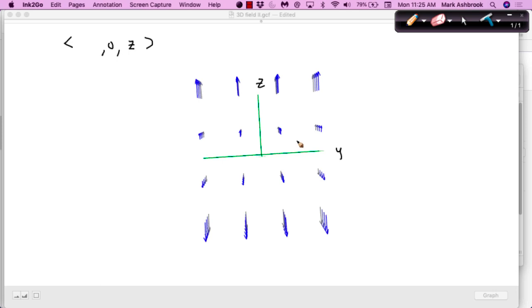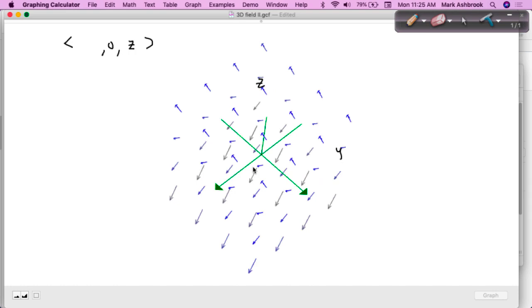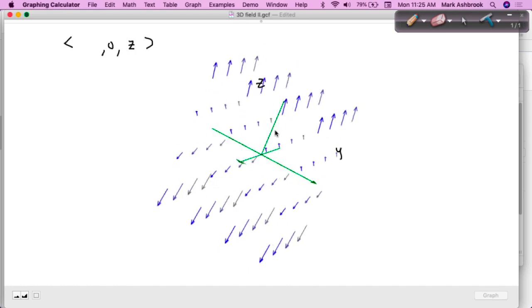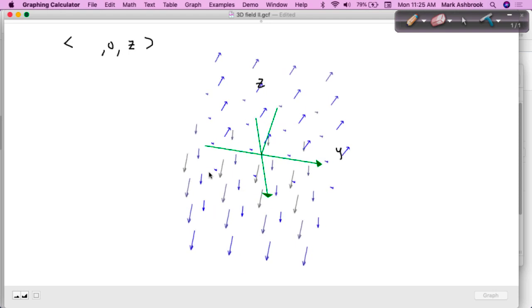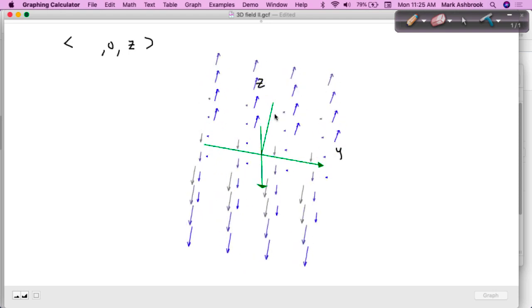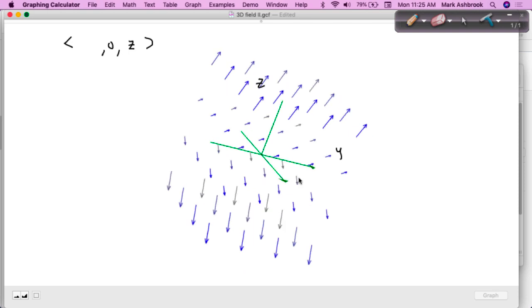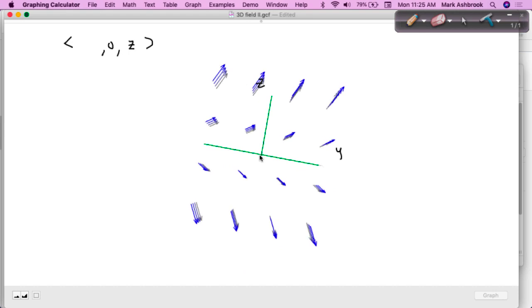What about X? All right, what about X? So the X components of the vectors are kind of like always the same positive value.